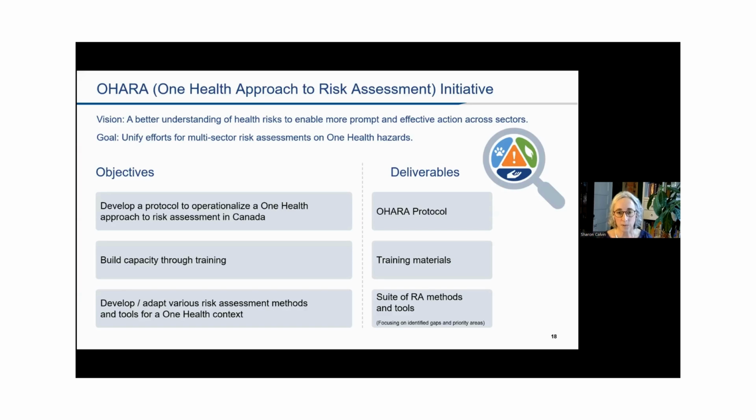But essentially it's going to be a document, and the idea is to make it publicly available to operationalize a One Health approach to risk assessment in Canada. A second objective is to try to build capacity through training. And then third, to develop or adapt various risk assessment methods and tools for a One Health context.